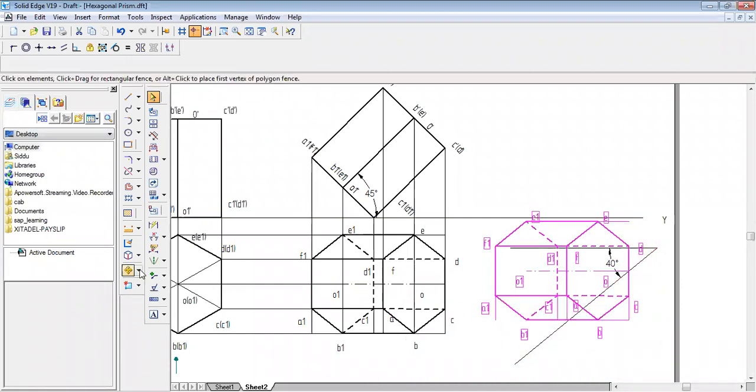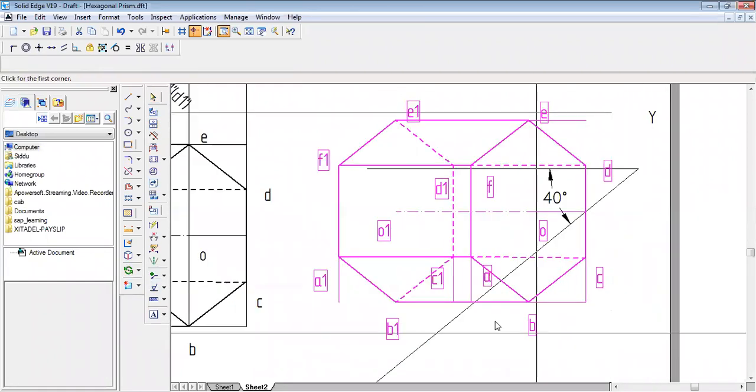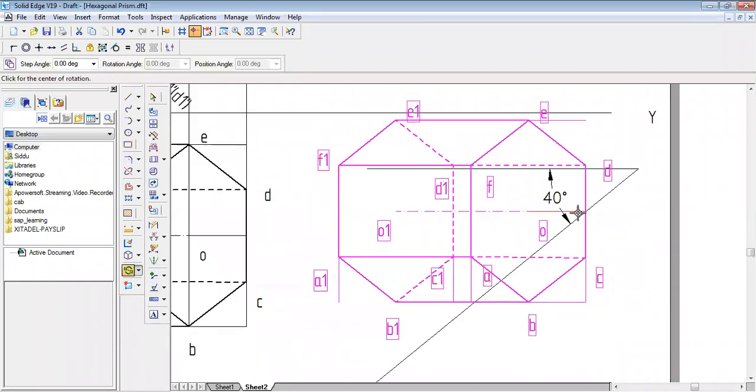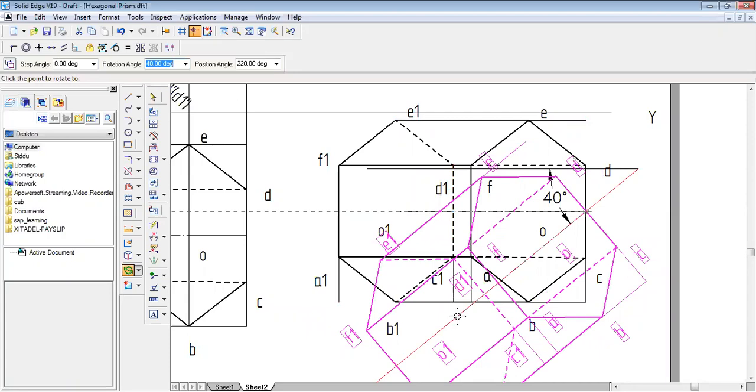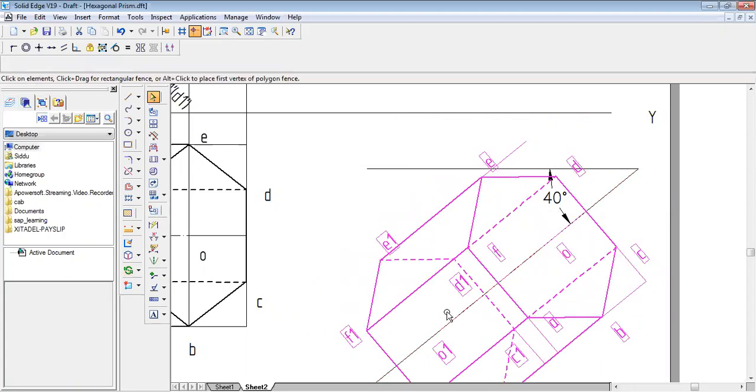Okay. Now again, I'll say rotate. All the time I told you, you should zoom it multiple times and then select at the particular point. Okay. Now I think it is done. Right, friends?